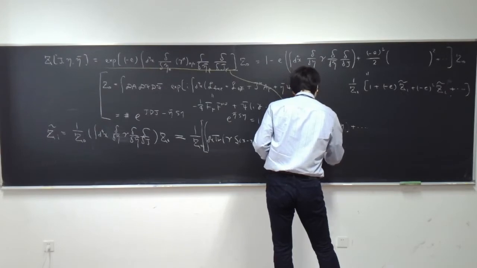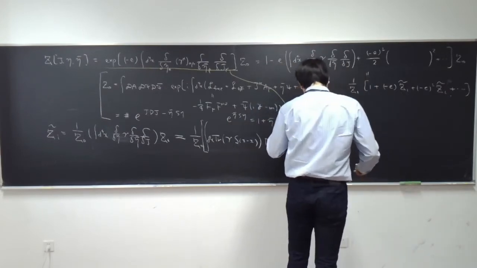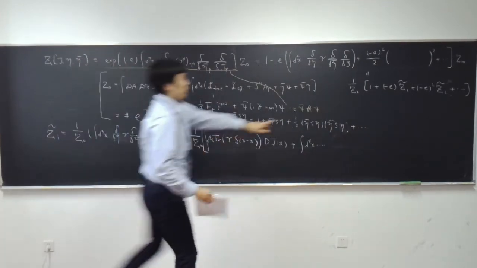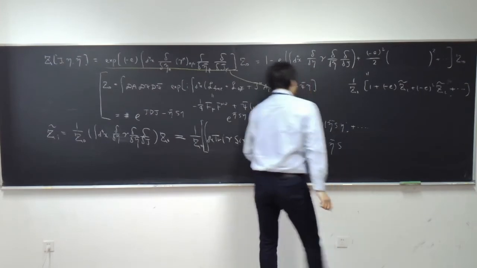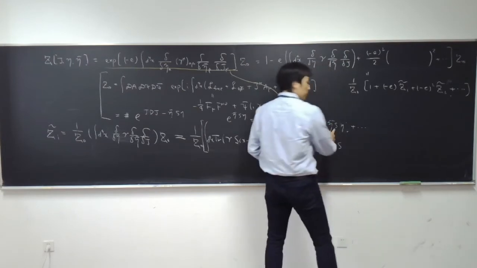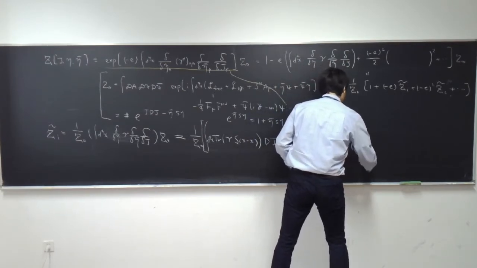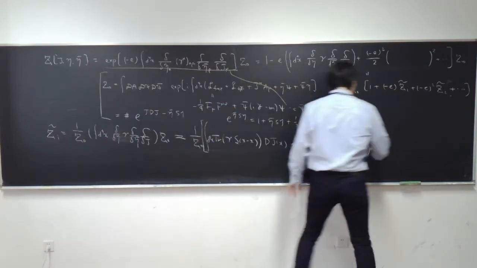But this will give you d4x, and abruptly I'm going to omit all the integrals. But what you will get is essentially, if eta acts on here, what's left is eta bar s. Okay, and if eta bar acts on here, what's left is s eta. And then J acts on here will give you dJ.